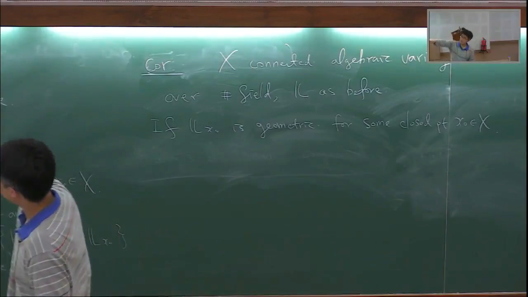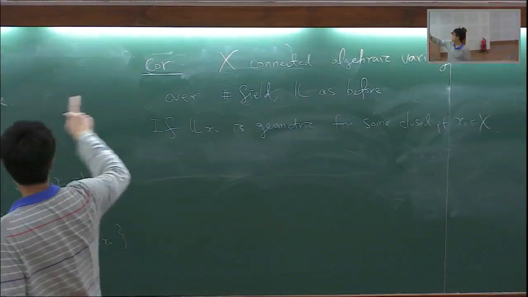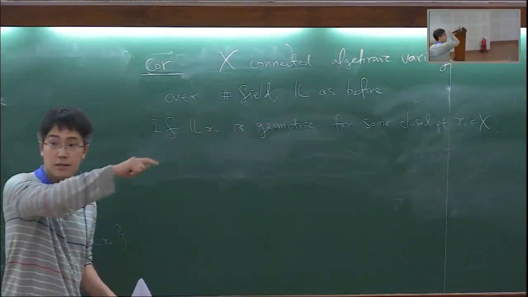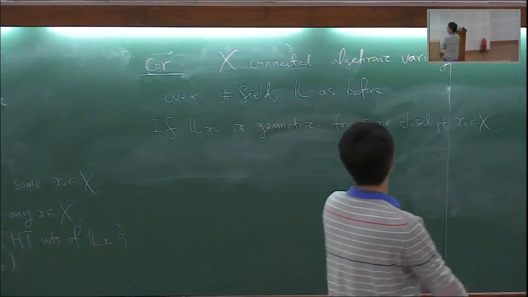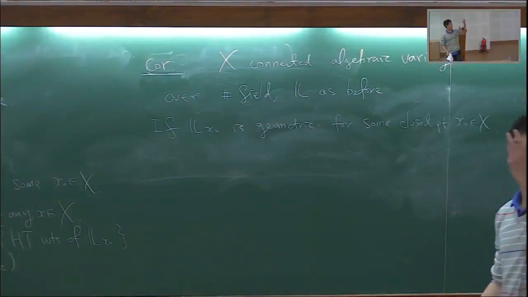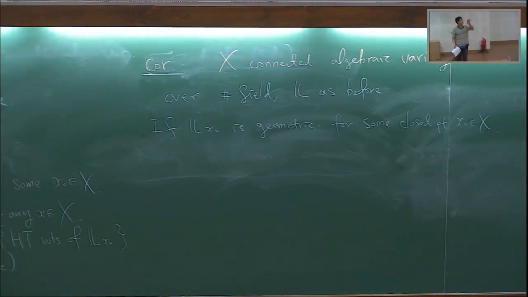In this case, we took a rigid analytic space before, but now we go back to algebraic varieties, because in the proof we use this Nagata-Zariski purity, which is only for varieties, for schemes.